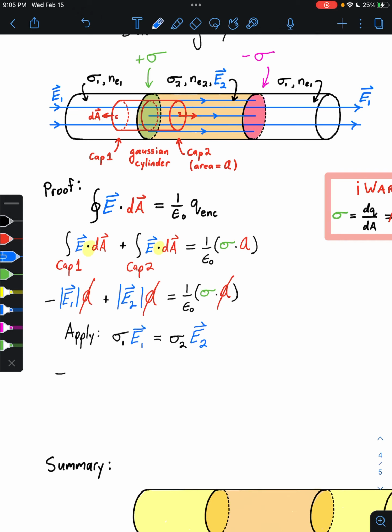So that will look like this. First term is unchanged, minus the field strength in region 1, plus then sigma 1 over sigma 2 times the field strength in region 1 equals our same right-hand side.